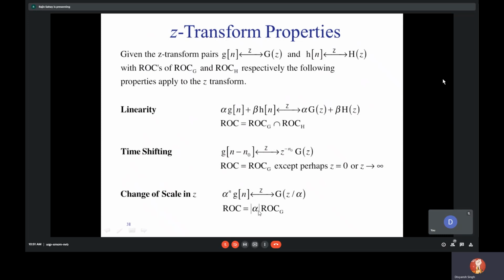So ROC is equal to mod of alpha times ROC of G. So you are dilating, either contracting or expanding, the ROC of the original signal G of n. This is a nice property. You can look at some problems with respect to this particular property.